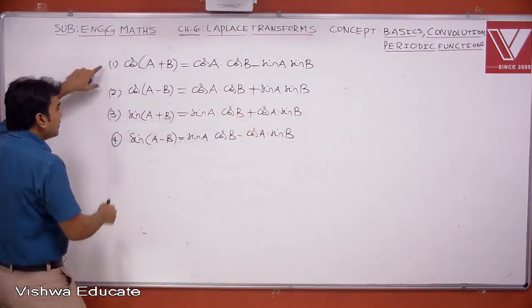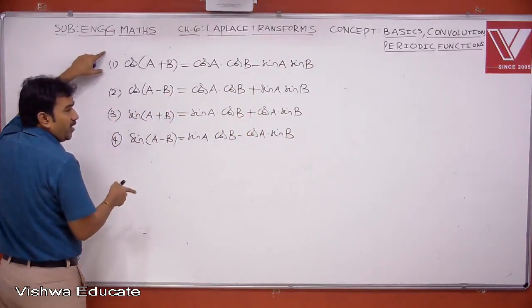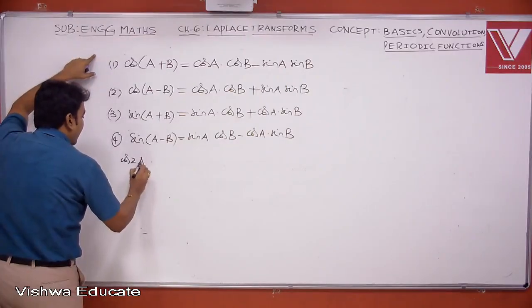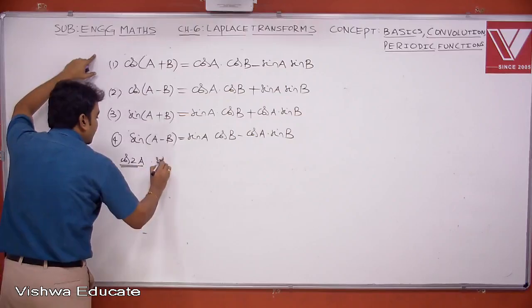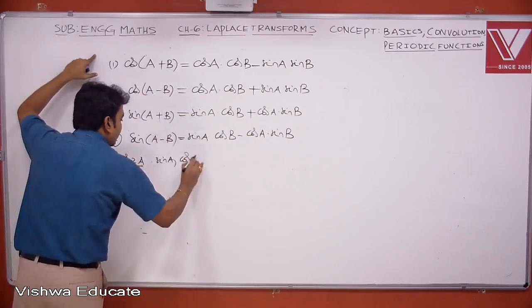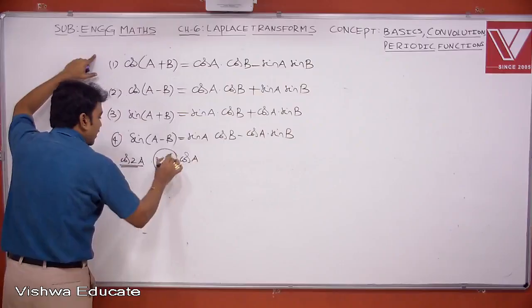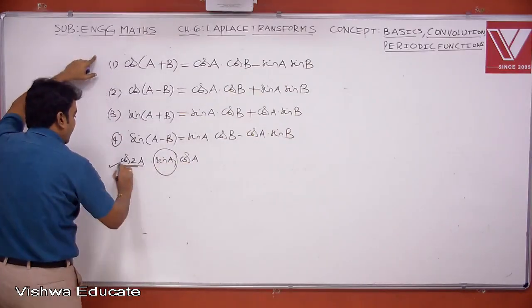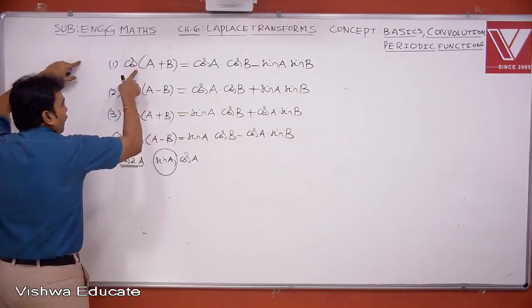Now I want the expression for cos 2a in terms of the sin function as well as the cos function. First I will try to get the result in terms of sin, followed by the result only in terms of cos. Let us apply formula number 1.